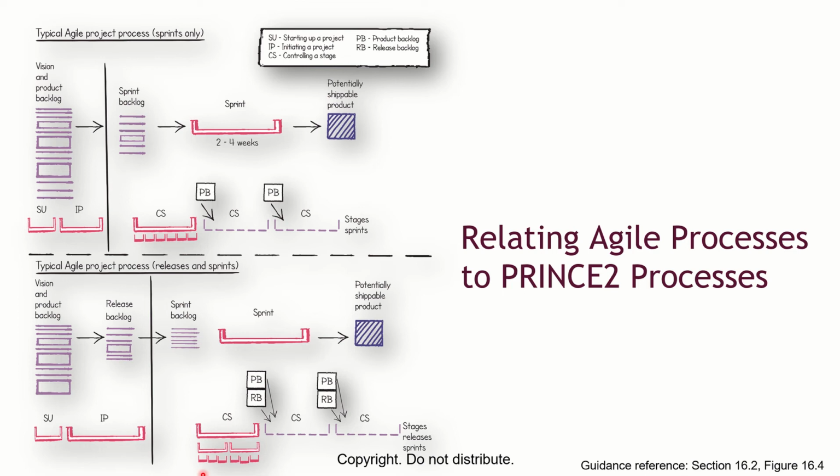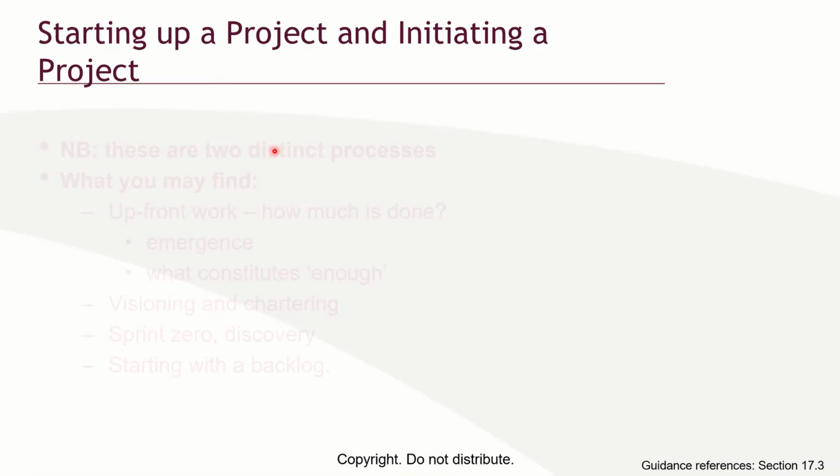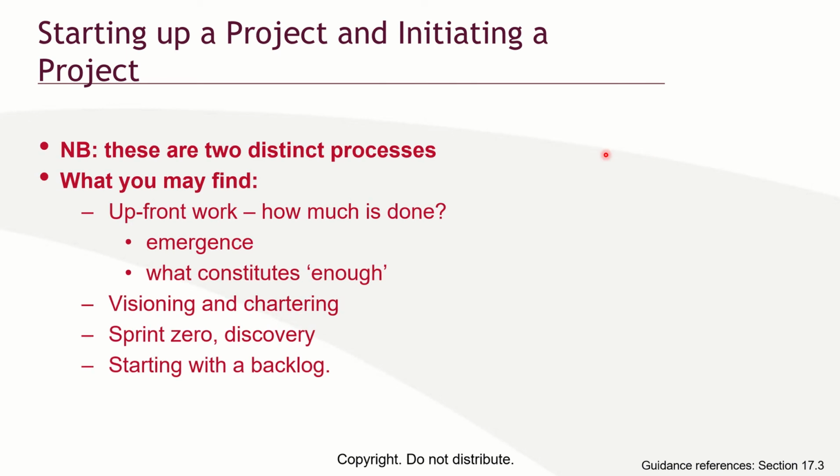All right, so let's go to the next one. Okay, so we said there are 7 processes. First one is starting up a project and initiating a project. The reason why we are putting these two together is because we are talking about Prince2 Agile.